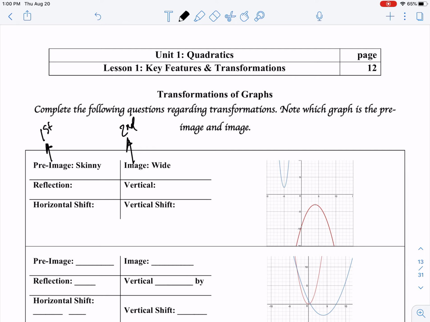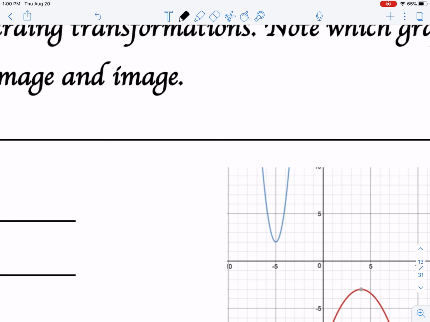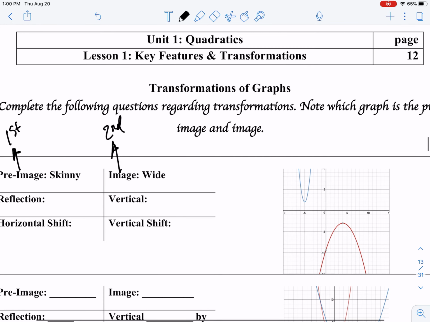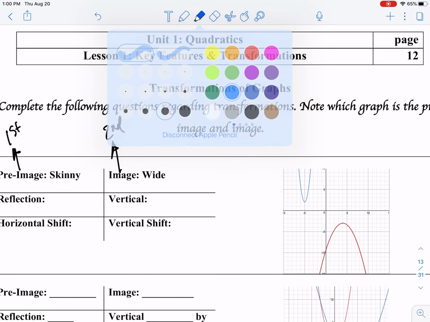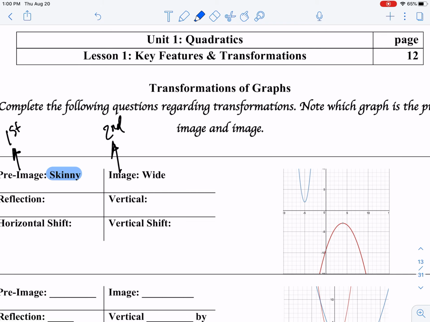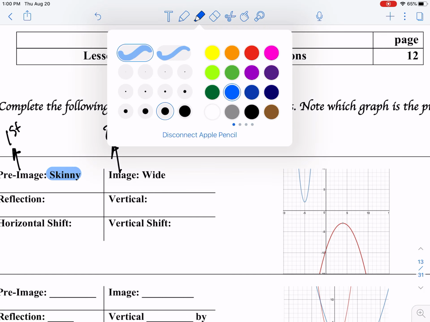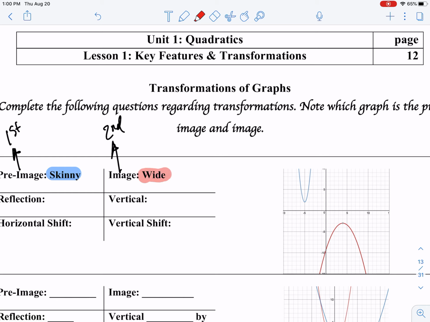So the pre-image this time is going to be the skinny one, and the image will be the wide. To make my life easier, I'm just going to highlight: skinny is blue, image is red. So I'm going from blue to red.